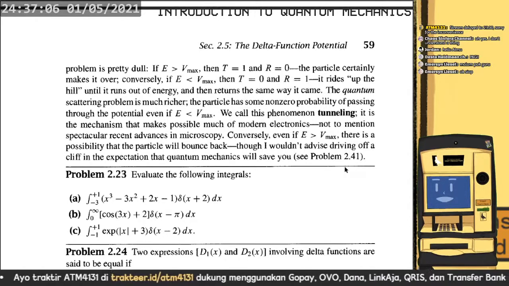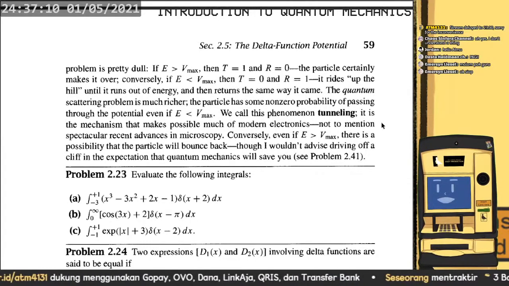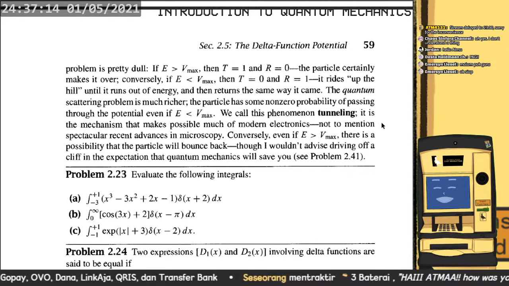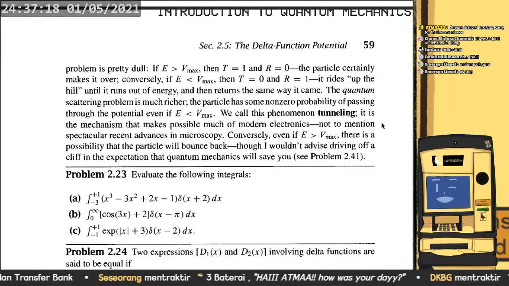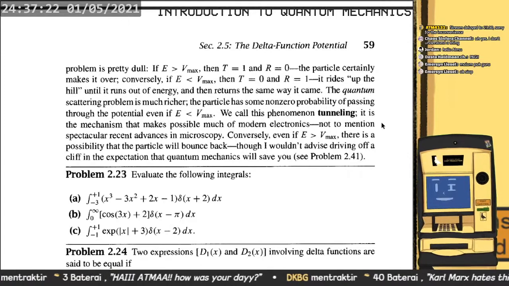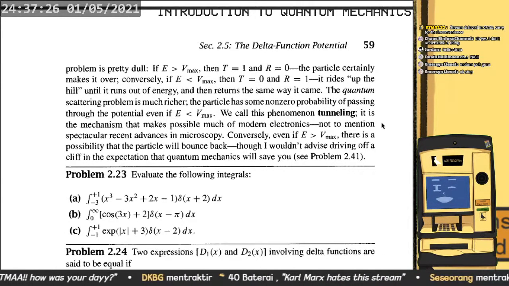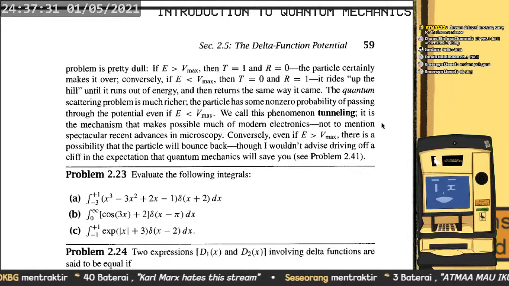The quantum scattering problem is much richer. The particle has some non-zero probability of passing through the potential even if energy is less than the maximum potential. We call this phenomenon tunneling. It is the mechanism that makes possible much of modern electronics, not to mention spectacular advances in microscopy.